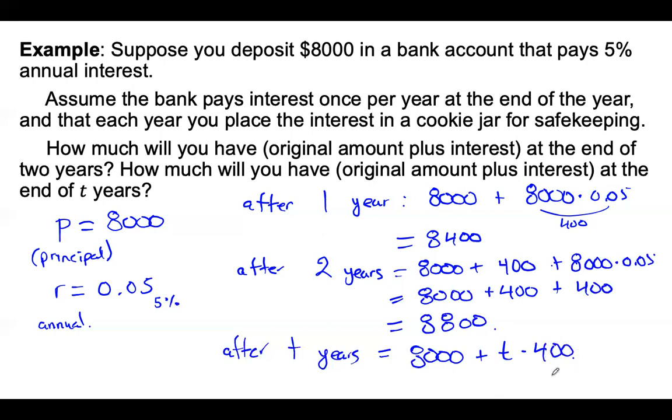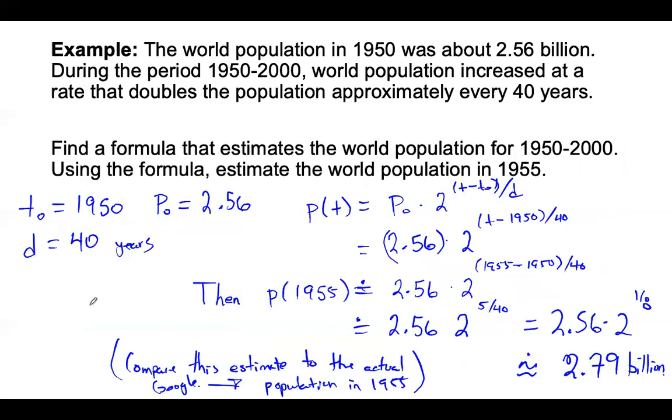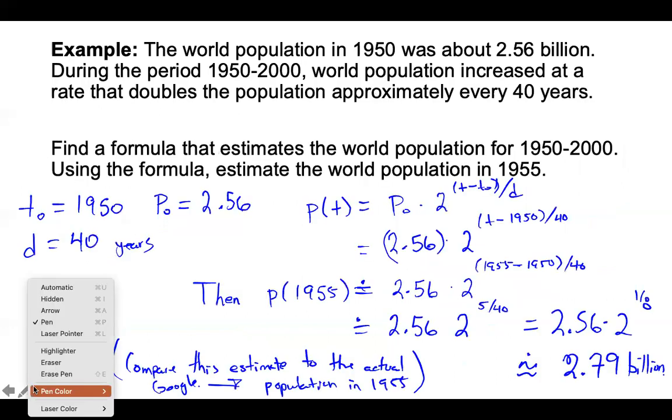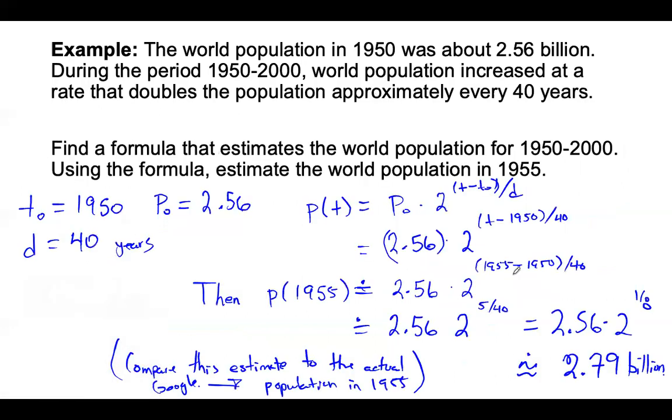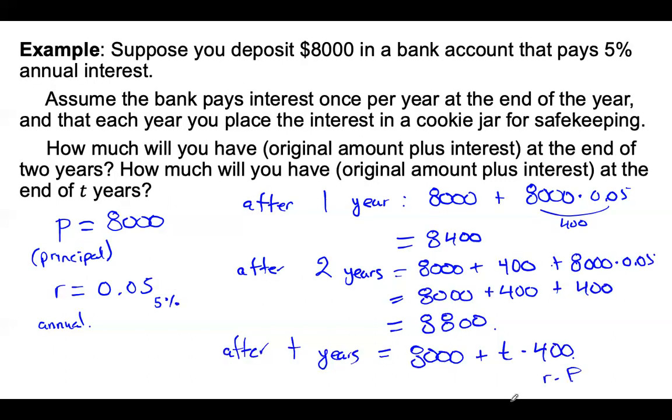This 400 we got from our rate times our principal. So it is our rate times our principal times our t, plus our 800.